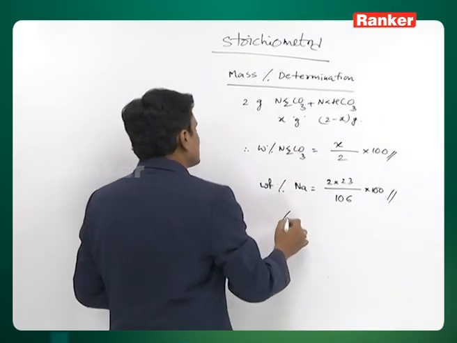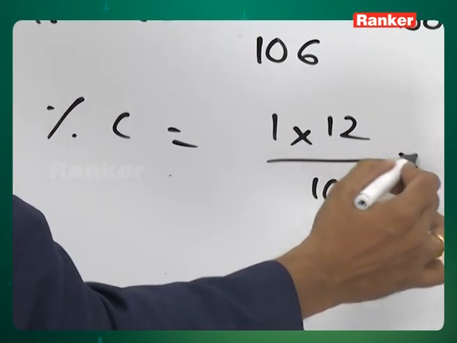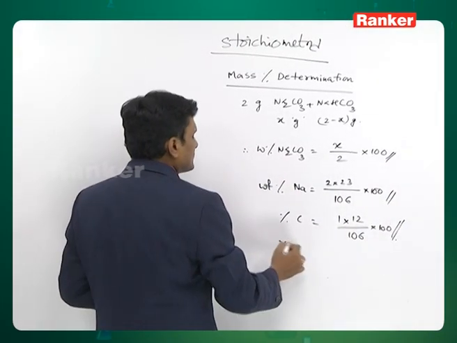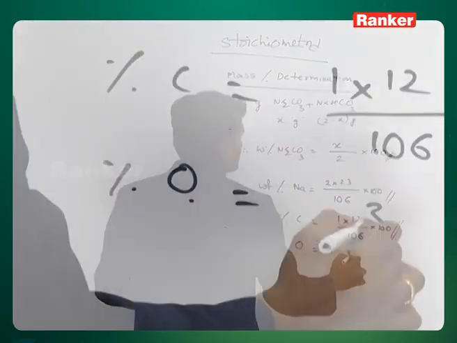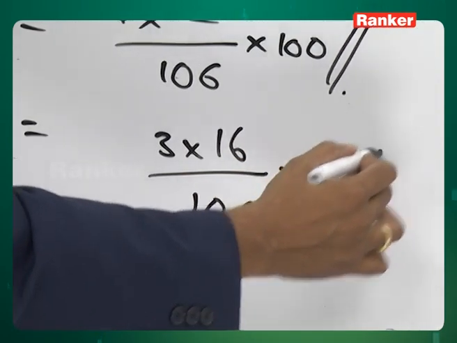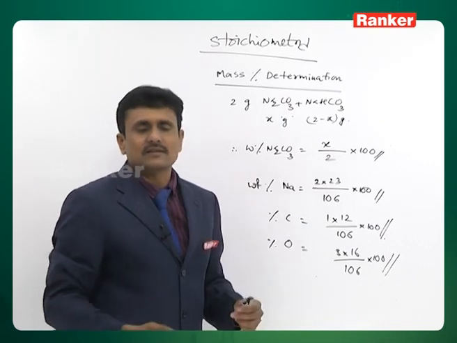Similarly, for the percentage of carbon, there is 1 carbon, 12 divided by the total, will give you the mass percentage of carbon. For oxygen, you either subtract from 100, or if it is individually asked, 3 into 16 by the total into 100. This is how we will be calculating the mass percentage of each element in a given sample.